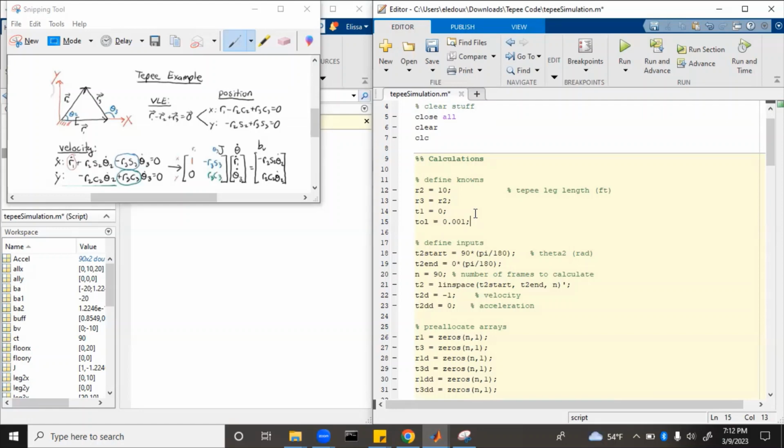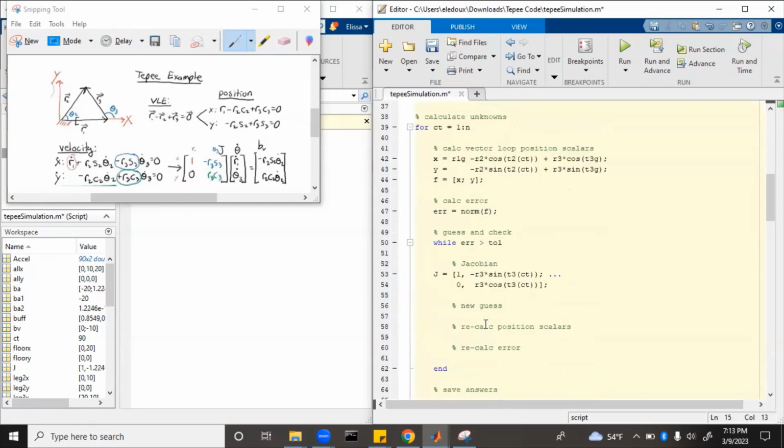The bigger your tolerance is, so like the fewer 0.0s you have in there, the faster your code will be able to calculate the correct answer because you gave it a bigger window of what is an acceptable answer. The smaller you make it, the more accurate it will be, but the longer it will take to calculate. So usually something like 10 to the minus 3 is decent.